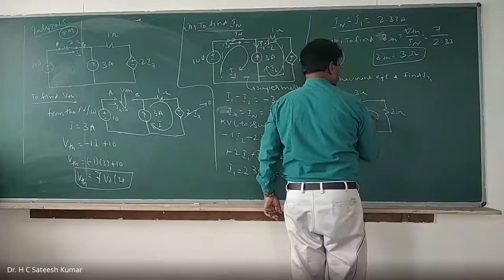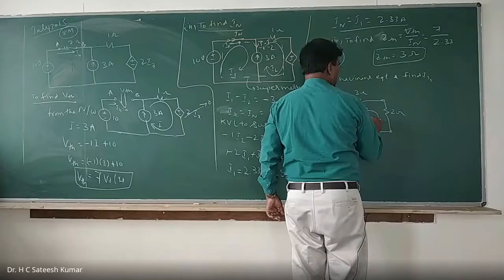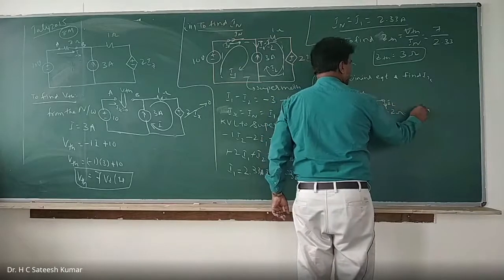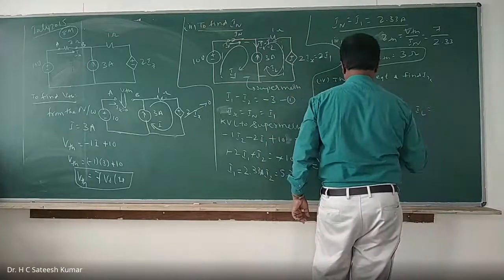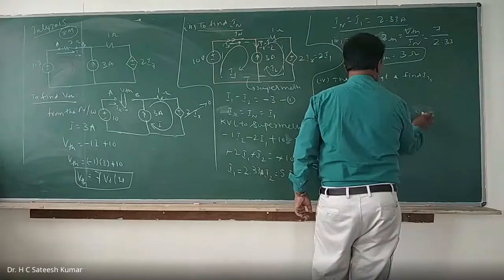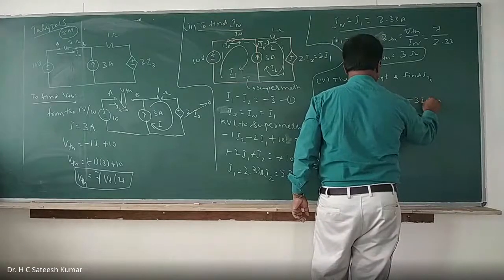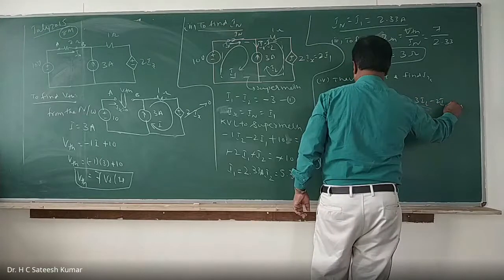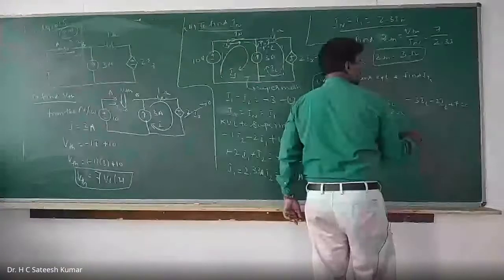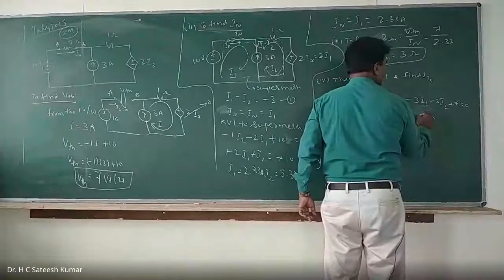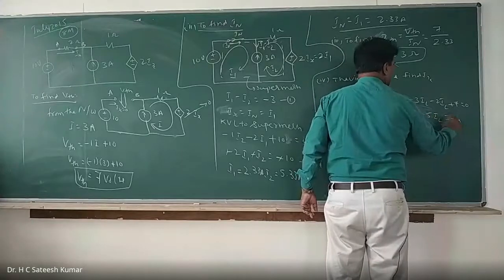Apply loop current IL. IL is equal to what? Okay, right. Minus 3IL minus 2IL plus 7 is equal to 0. Therefore, minus 5IL is equal to minus 7.